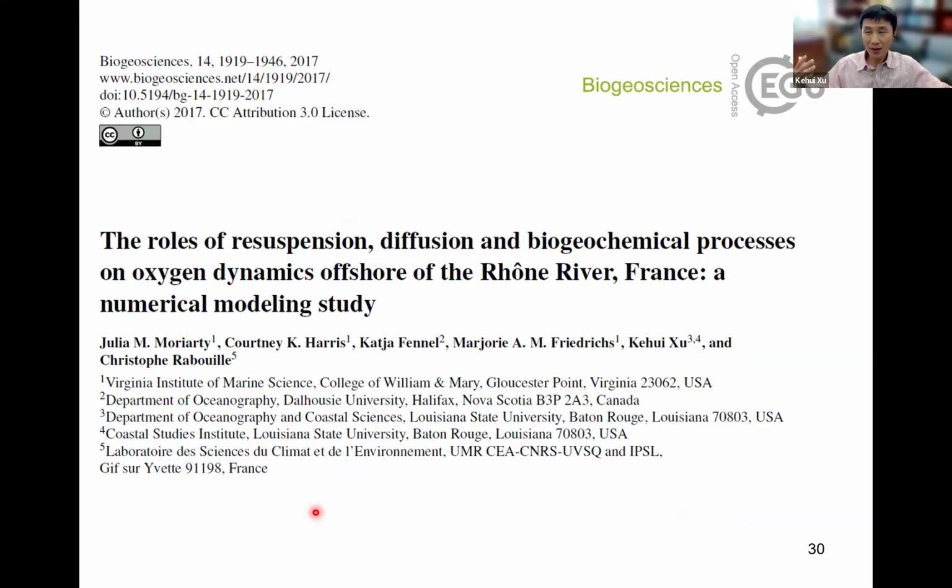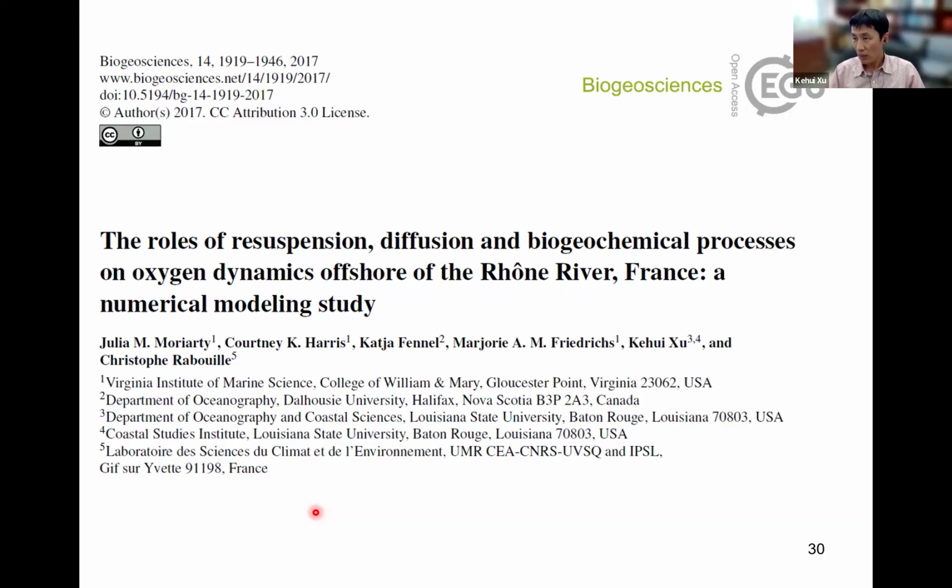When I was hired, I was working on that model, but I was also working on the coupling of the sediment flux and the biogeochemical processes. During my postdoc research, I started this kind of modeling effort, but I couldn't finish it. And then Julia was hired by Courtney to do the coupling.